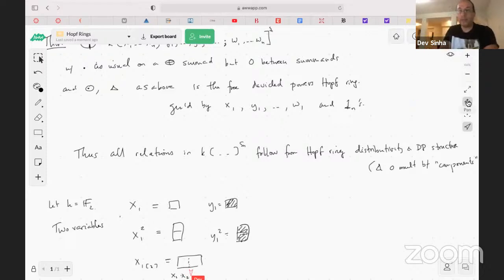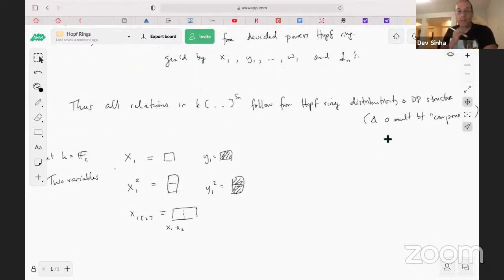And the point is that this is really the second divided power because x1 times x1 is going to be twice that. Once I symmetrize, I'm going to get x1 x2, but I have to symmetrize that, so I'm going to get twice x1 x2, which is x1 second divided power.